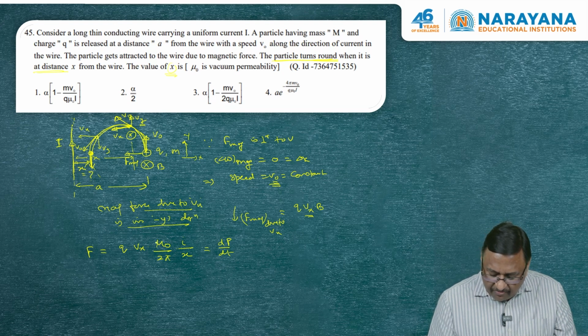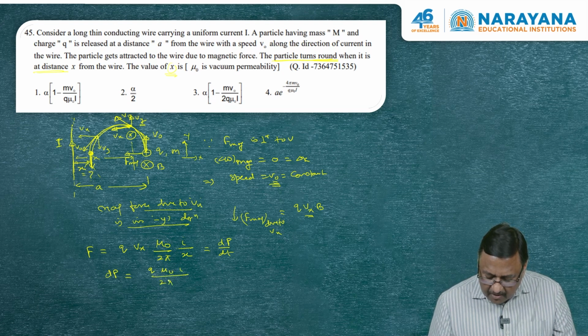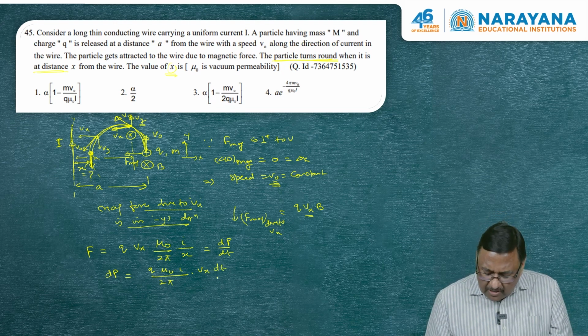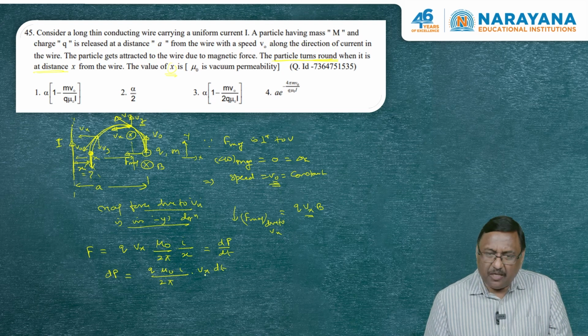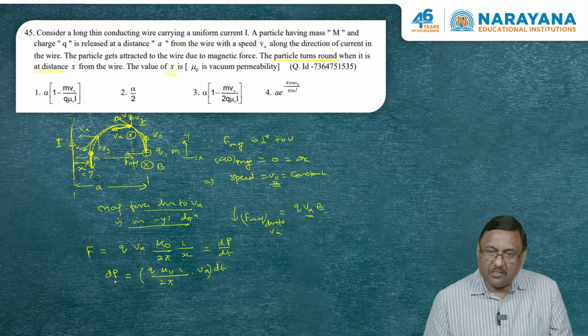These being vector quantities, I write dP is equal to q mu naught I divided by 2 pi Vx dt. I hope you got it. Here it looks like impulse momentum, but I won't say it is impulse, because it is a constant acting force here. So F into dt is dP.